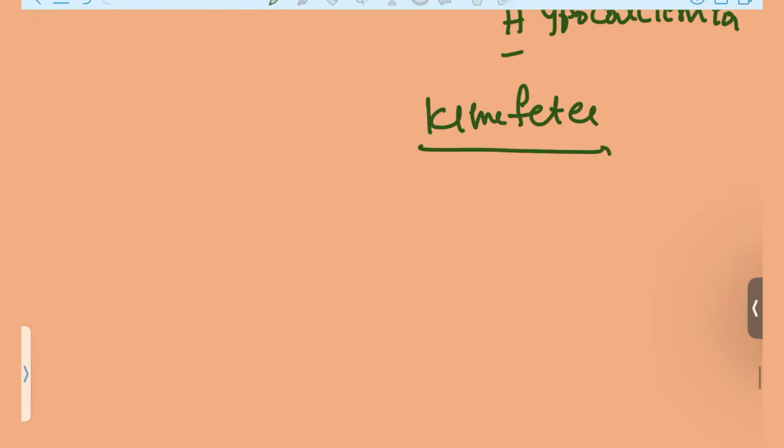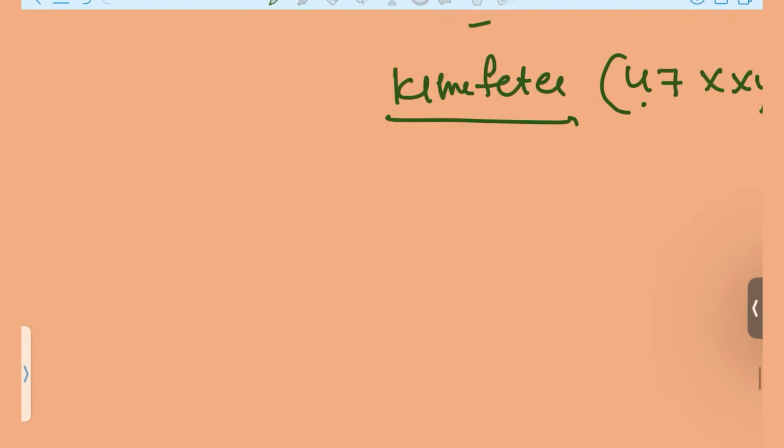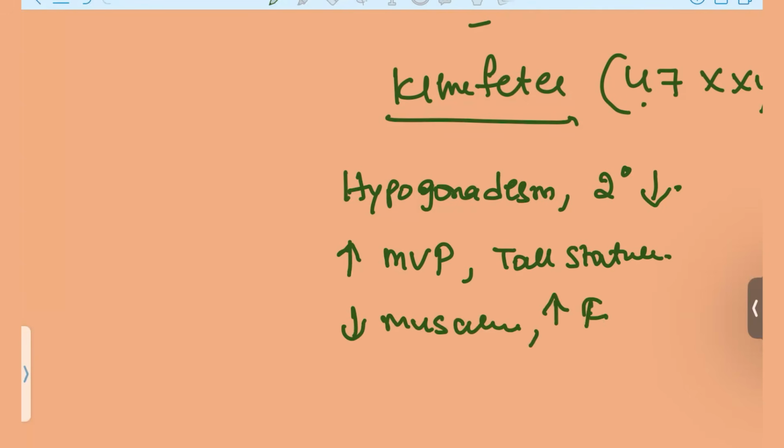Next, coming to Klinefelter syndrome. Klinefelter syndrome presents with 47 XXY, right? This is how it is going to present. And next, most commonly they are associated with hypogonadism. Secondary male sexual characteristics will be decreased, and there is a high risk for this patient with mitral valve prolapse, and also tall stature, and decreased muscle and increased fatty tissue.